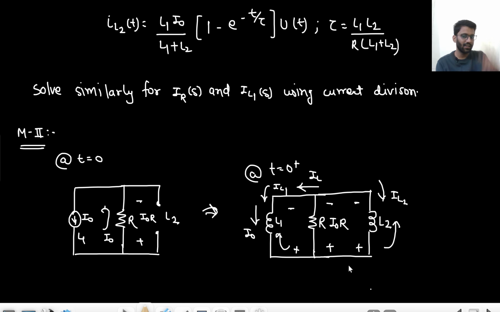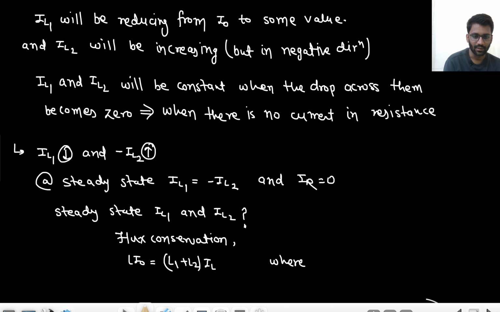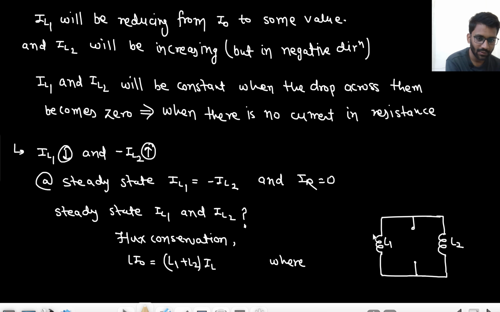So at t goes to infinity, what is actually happening? I will just make the circuit here. At t goes to infinity, there is no current in the resistance. I'm not saying that it is open circuited, but I can just replace it like this. Okay, and this is L1, this is L2. This is my IL, this is my IL1, and this is my IL2.